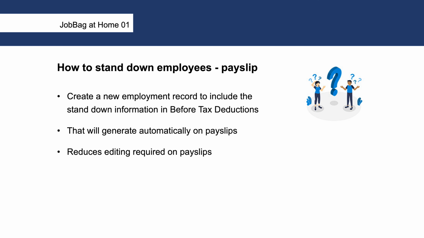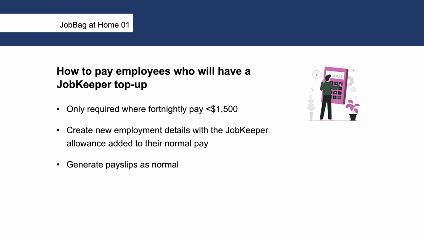Right. So that's how you handle standing down employees. When you then have to pay employees who get a JobKeeper top-up, this situation arises where, for example, someone is paid on a fortnightly basis and their fortnightly pay is less than $1,500.